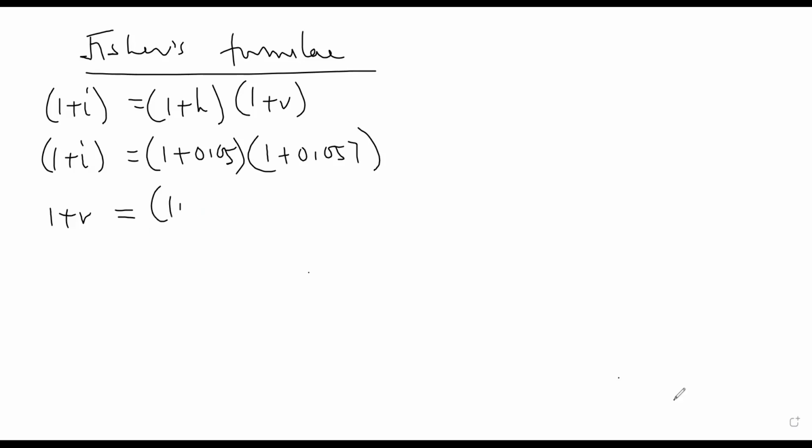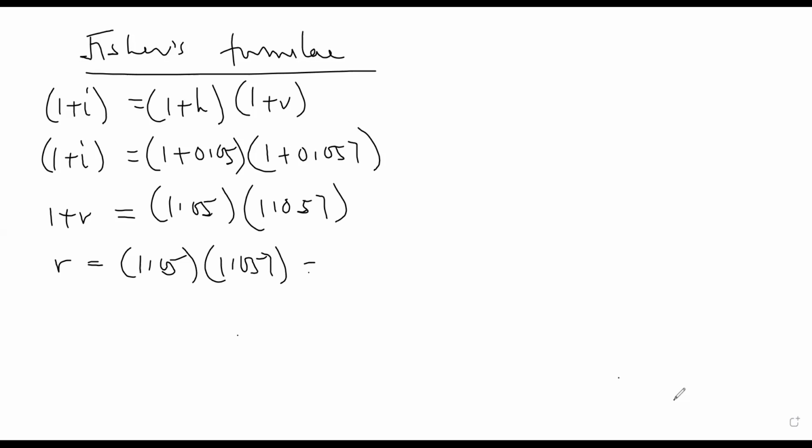So this will be 1.05 multiplied by 1.057. Then you find R by grouping like terms, so the 1 will come over there. So we have R equal to 1.05 multiplied by 1.057, all minus 1.